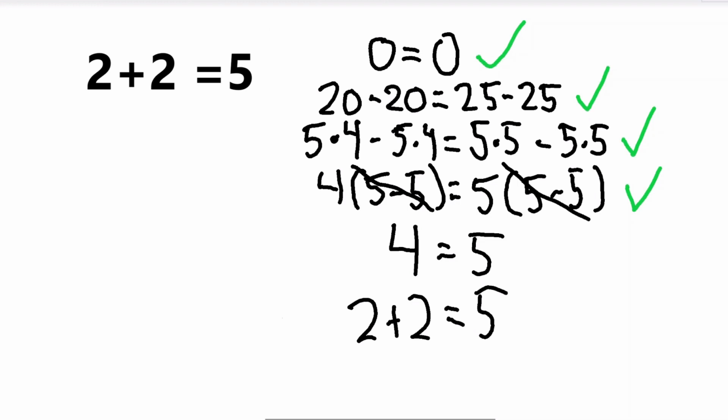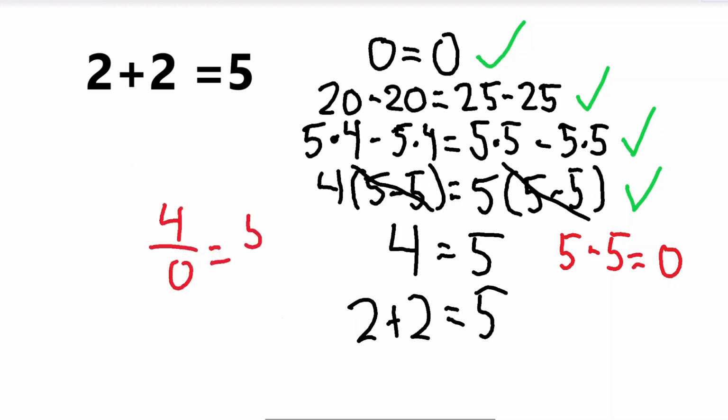5 minus 5 is equal to 0. And essentially, we're dividing both sides by 0. But, as you know, we're not allowed to divide by 0, because that's a mathematical rule.